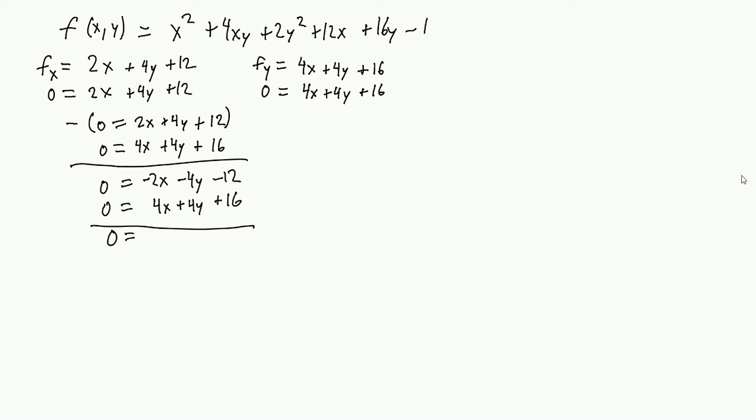Negative 2x plus 4x is 2x. Negative 4y plus 4y is 0, so that's gone. And then negative 12 plus 16 is 4. So when I do that, I've eliminated y. I have an equation that just has x in it. That means I can solve for x. 4 divided by negative 2 is negative 2. So there's my x value.